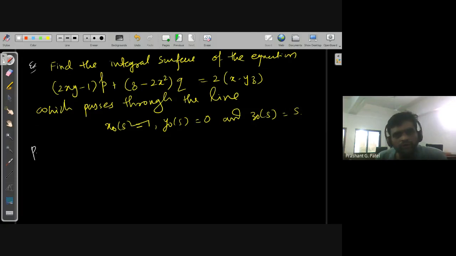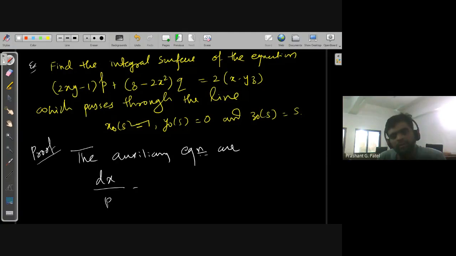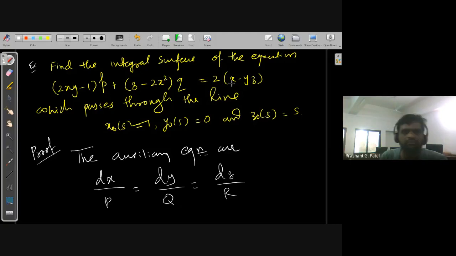So first of all, you should note that this is the quasi-linear equation. So the auxiliary equation, that is dx upon P equal to dy upon Q equal to dz upon R, where the value of P is this one, that is 2xy minus 1, Q is z minus 2x square, and R will be this.